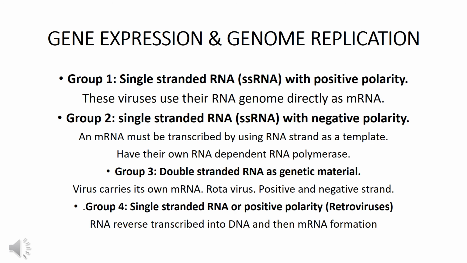So after the new RNA is formed from the genome, the initial RNA of the virus, this viral RNA gets attached with the ribosome of the host cell and can cause protein production.